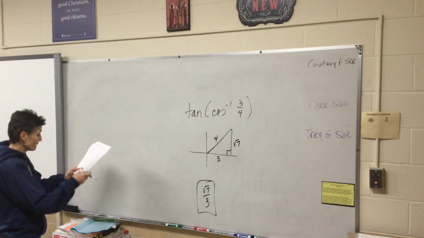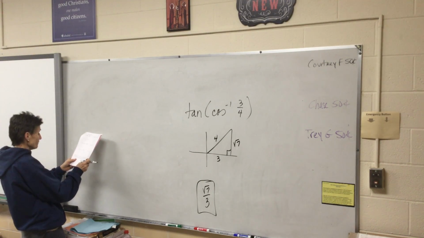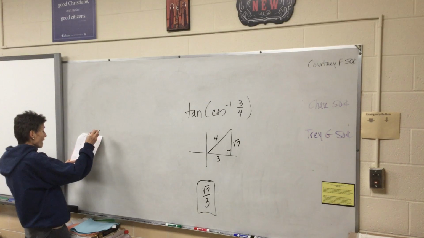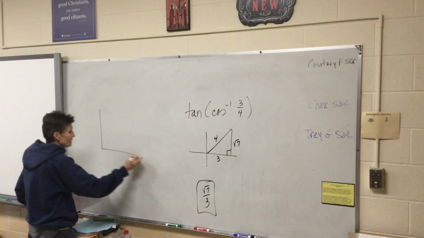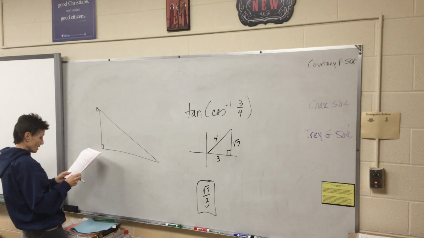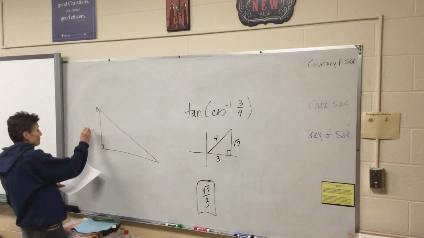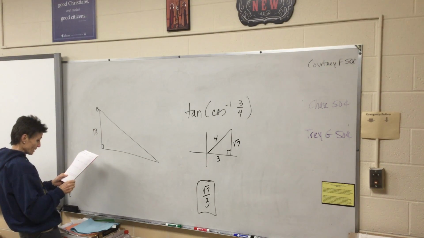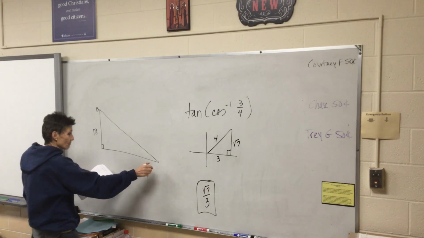All right, so here we go. Find the angle of elevation of a bird to the top of a tree. All right, so here's our tree. Here's the bird in the top of the tree, and the bird is 18 feet above the ground. And the point is 100 feet from the base of the tree.